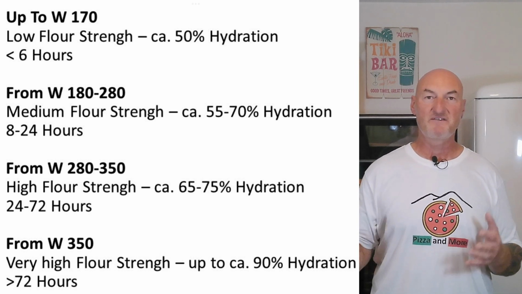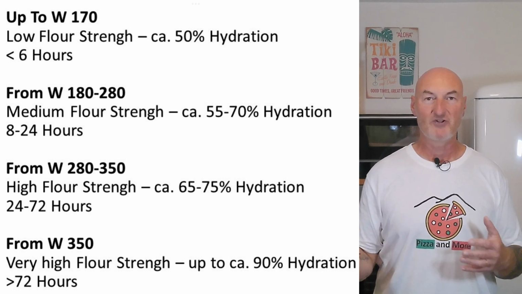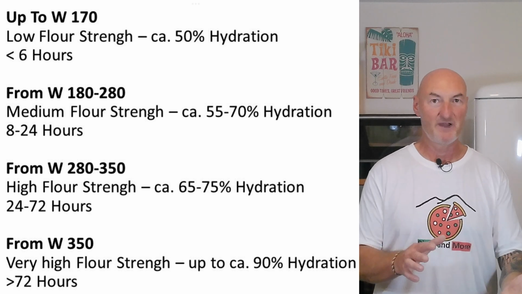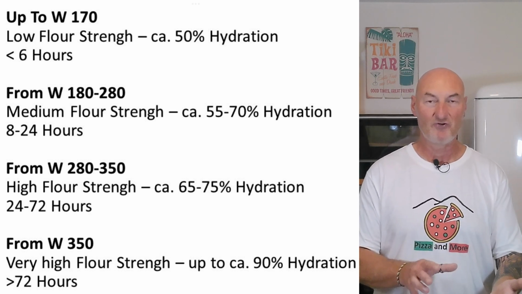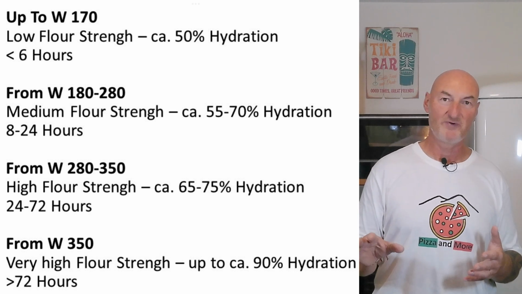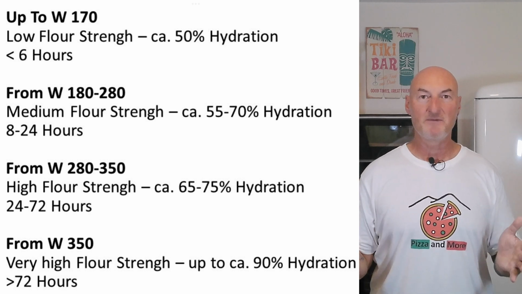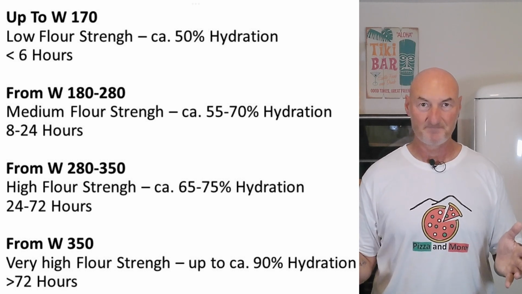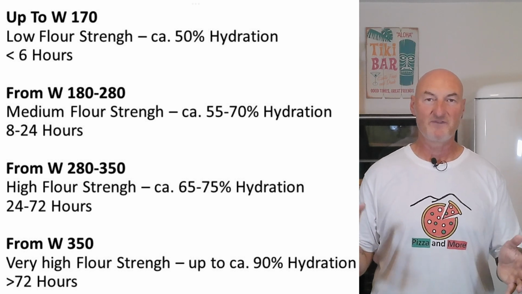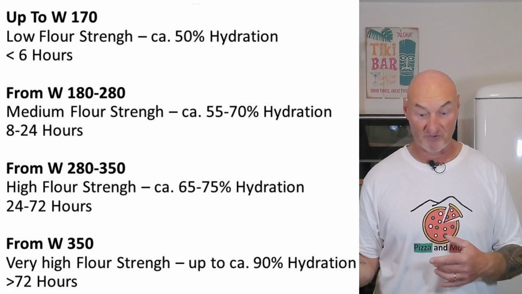This flour is able to absorb only around 50% of water, so 50% compared to the amount of flour. The next one, W value from 180 to 280, we speak of a medium baking strength. This kind of flour is able to take over around 65 to 70% of water.